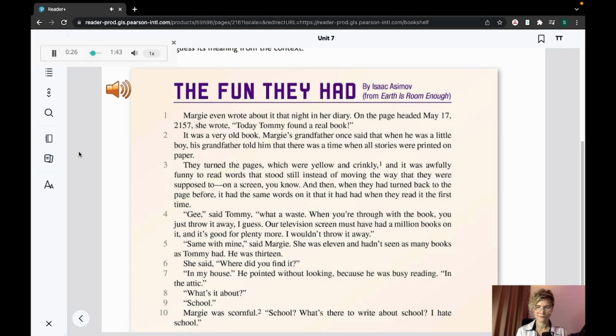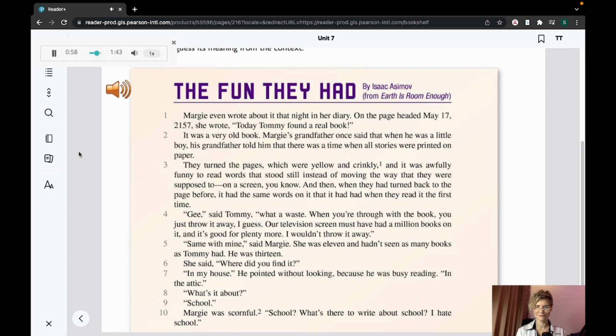Margie's grandfather once said that when he was a little boy, his grandfather told him that there was a time when all stories were printed on paper. They turned the pages, which were yellow and crinkly, and it was awfully funny to read words that stood still instead of moving the way that they were supposed to. On a screen, you know. And then, when they had turned back to the page before, it had the same words on it that it had had when they read it the first time.